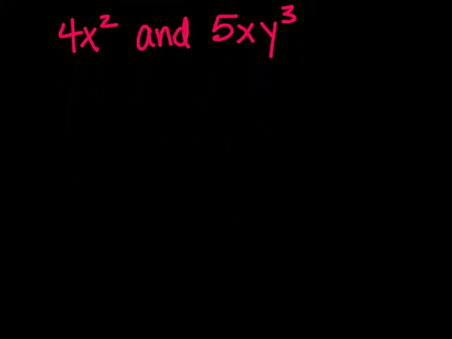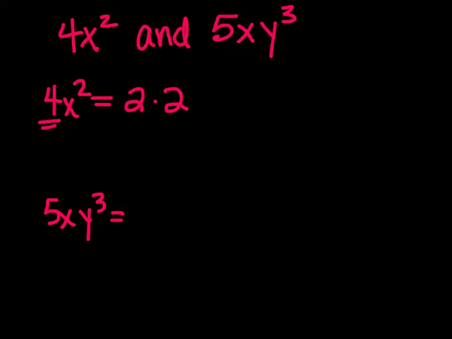So the last one, we have 4x squared and we have 5xy to the third. So let's break this down. 4x squared, we can rewrite that. Let's start first with the number 4, which can be broken down into 2 times 2, and then x times x.